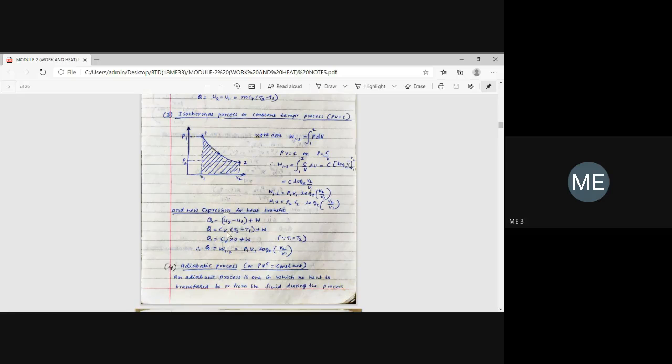So Q equals to W. Whatever the amount of work done is exactly equal to the amount of heat transfer in case of isothermal process.